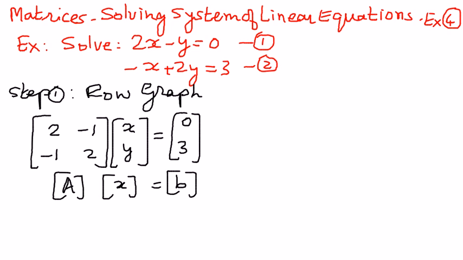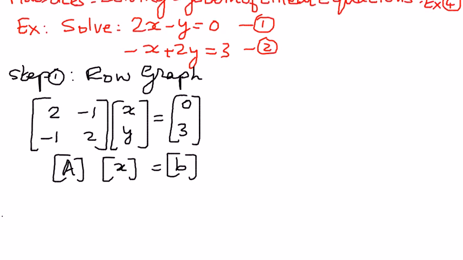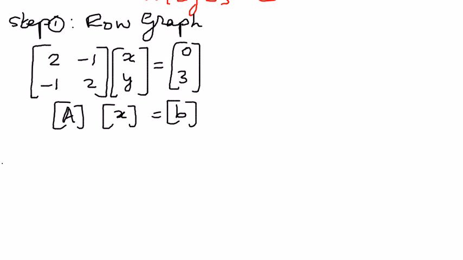Okay, so to do that, we're going to follow this process. We'll call this step 2. We're going to take equation number 1, which is of this format, isn't it? 2x minus y is equal to 0.